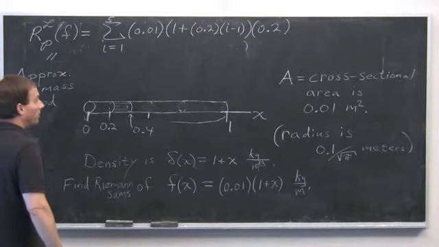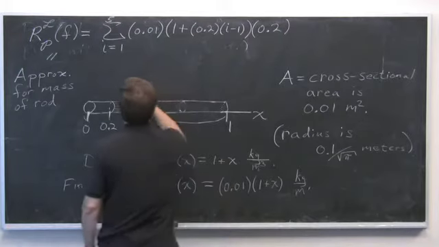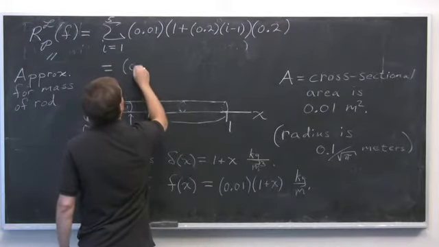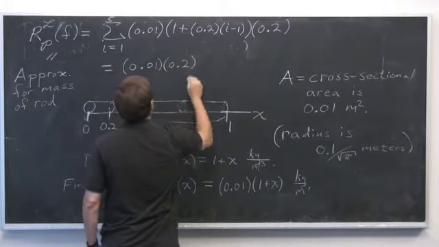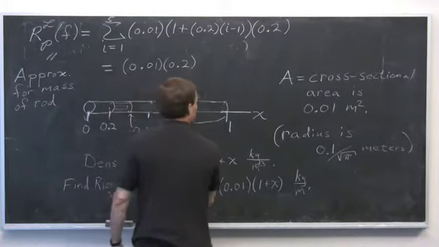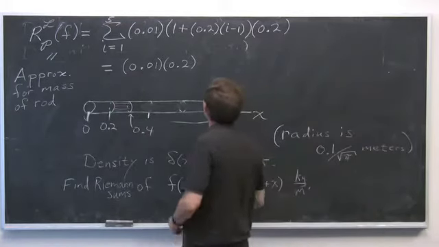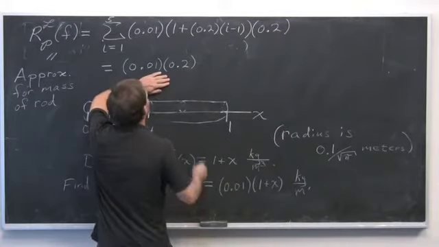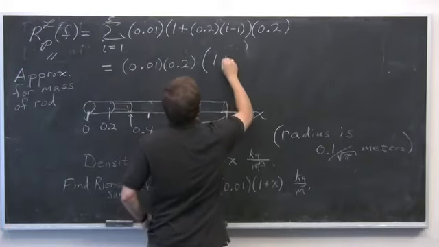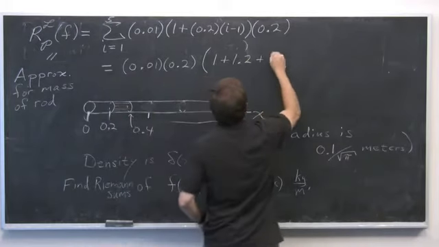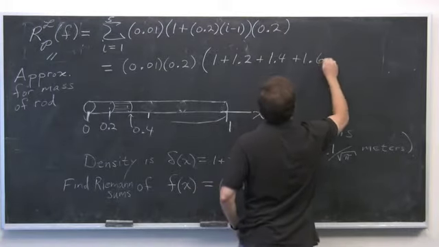Okay. But this is a constant, and this is a constant. Summing is linear. This is just 0.01 times 0.2. And then you have that sum. I'll write it out this time, but later we'll use one of our summation formulas. You get 1 plus 1.2 plus 1.4 plus 1.6 plus 1.8.